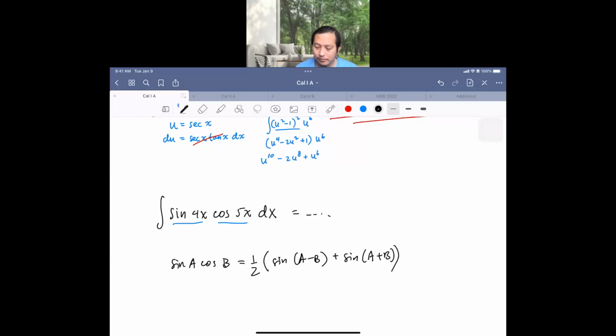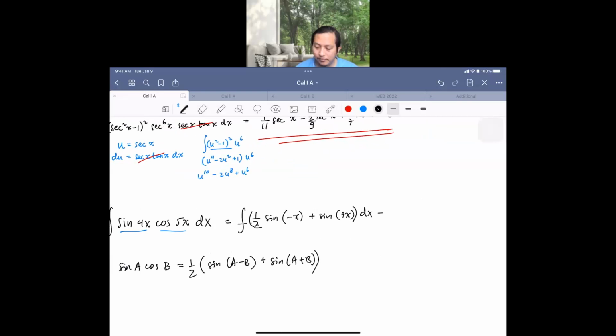Now we can solve this, and this becomes the integral of one half, and then sine A minus B becomes sine of negative x, plus sine 9x, dx.